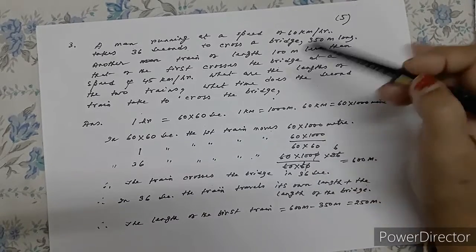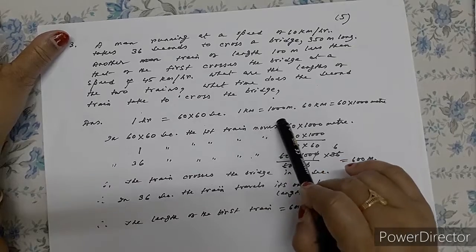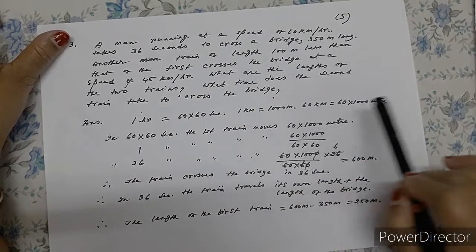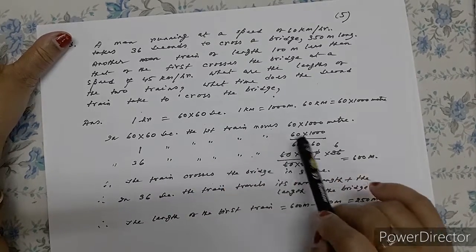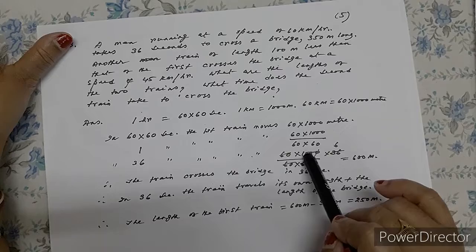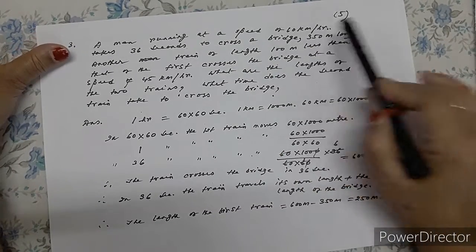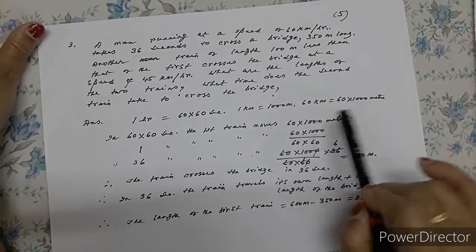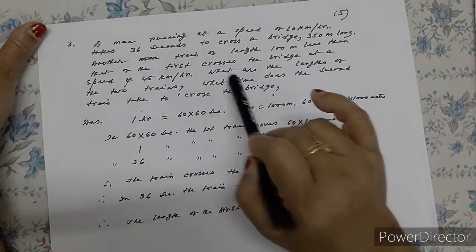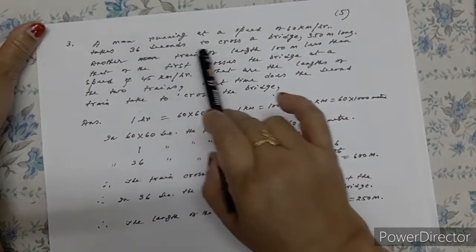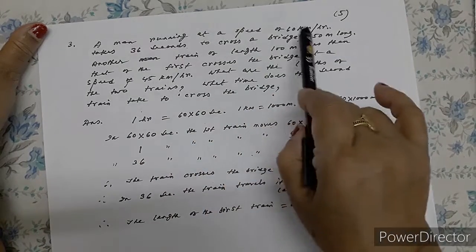Okay. Again I am telling you, 1 hour means 60 into 60 seconds, 1 kilometer means 1000 meters, and 60 kilometers means 60 into 1000 meters. In 60 into 60 seconds, the first train moves 60 kilometers per hour, that means 60 into 1000 meters. So in 1 second, 60 into 1000 by 60 into 60, and in 36 seconds, because it is written here, a train running at a speed of 60 km per hour takes 36 seconds to cross a bridge.